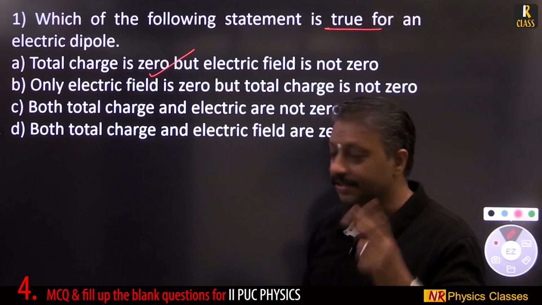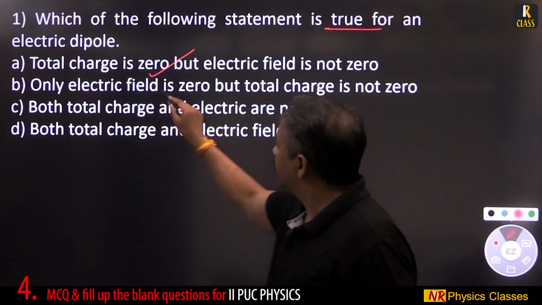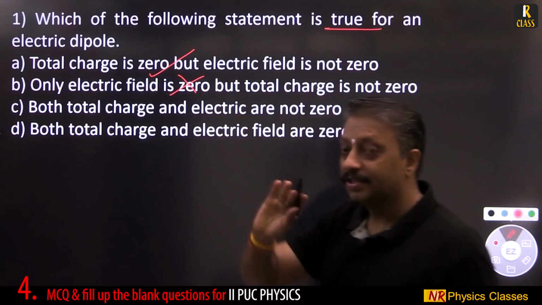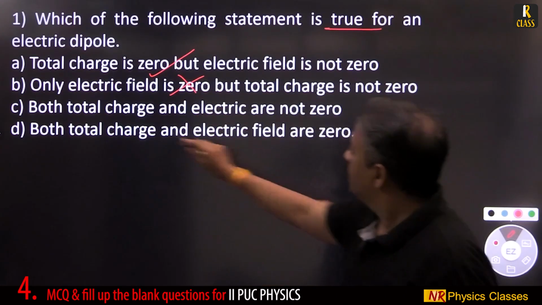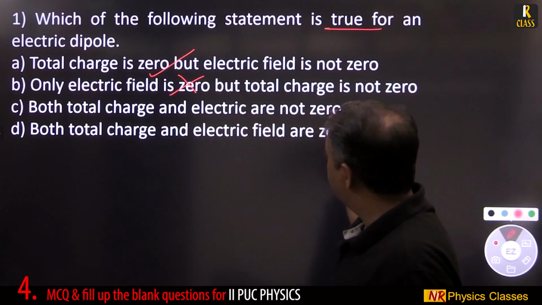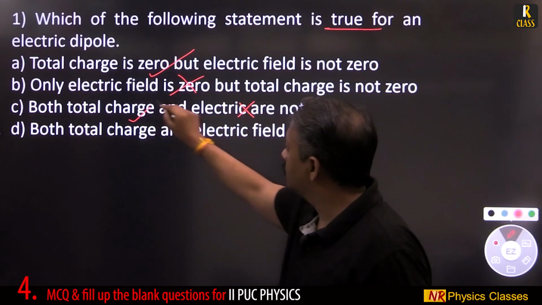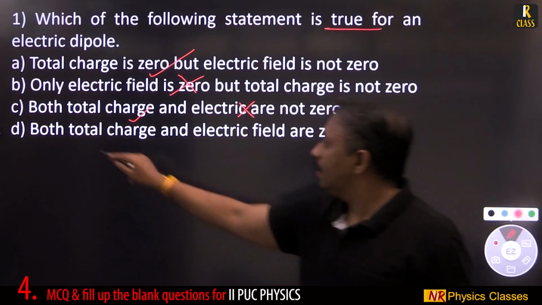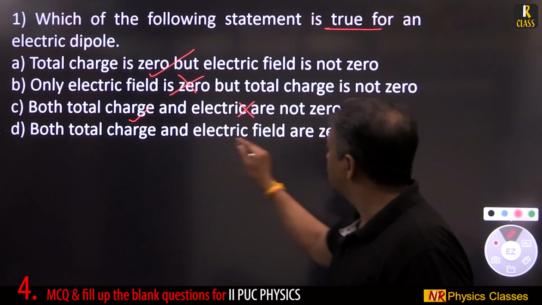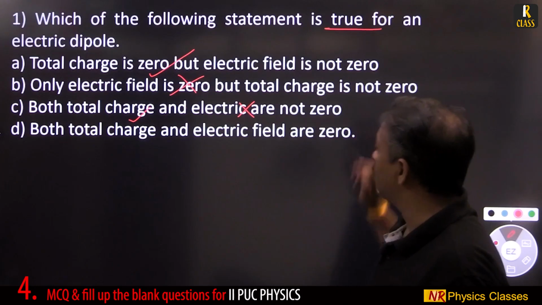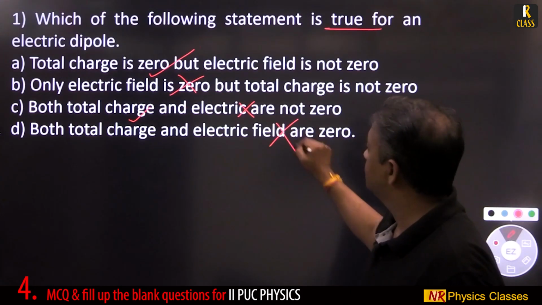Only electric field is 0? No, electric field is not 0. Both total charge and electric field: total charge is 0, but this is not correct. Therefore, not the option. Both total charge and electric field are 0? No. First one.